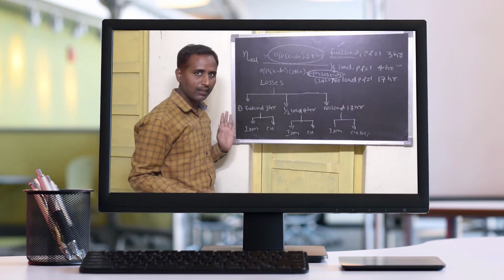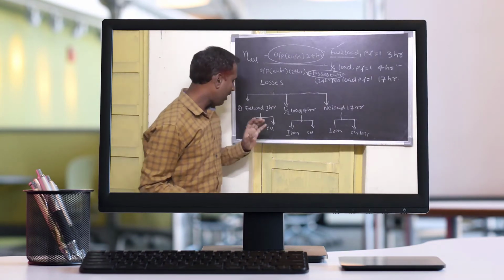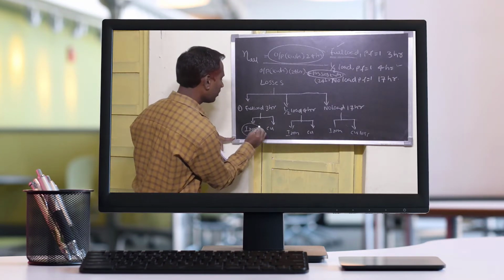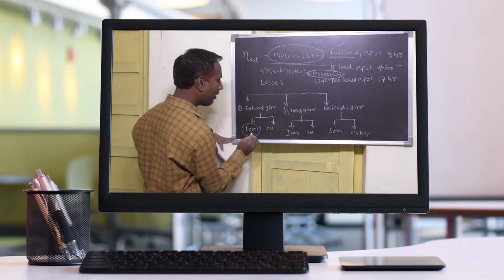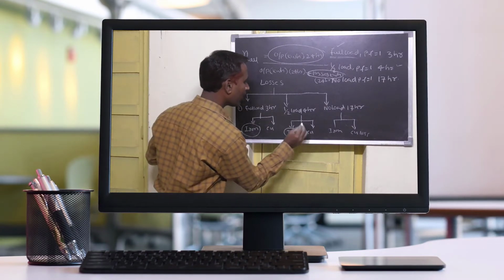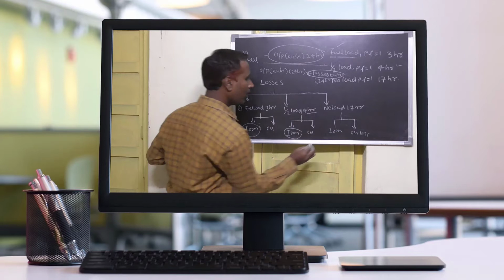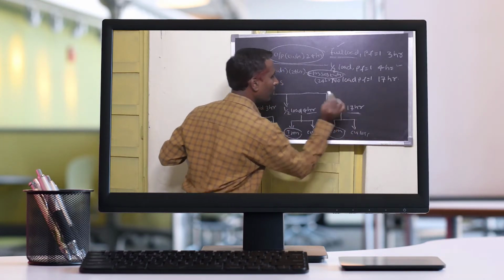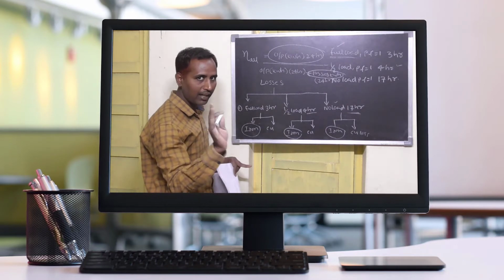This concept is clear. Now I will find the total iron loss for 3 hour at full load, for 4 hour at half load, and for 17 hour at no load. First I will calculate the iron loss.